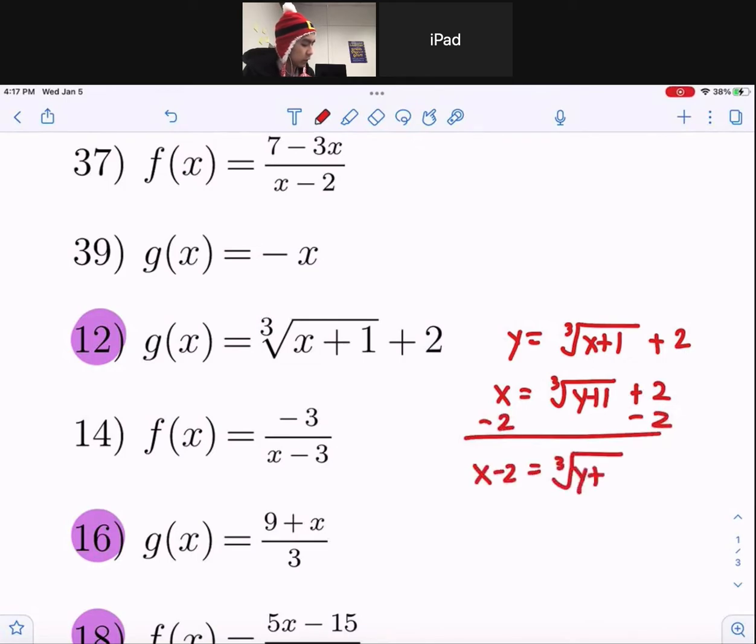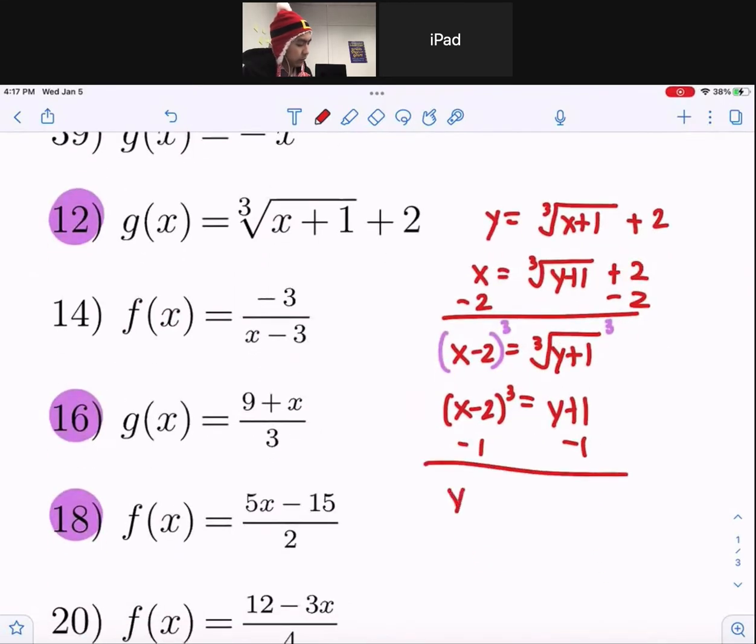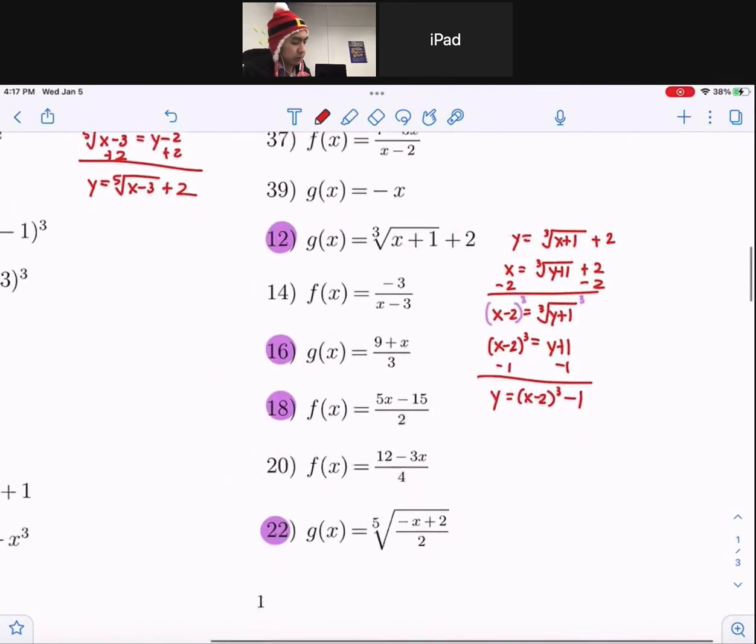Because this is a cube root, in order to get rid of that cube root, you have to raise both sides to the third power. x minus 2 to the third equals y plus 1, and then lastly, subtract 1 from both sides. So y equals (x minus 2) to the third minus 1, and that is your inverse function.